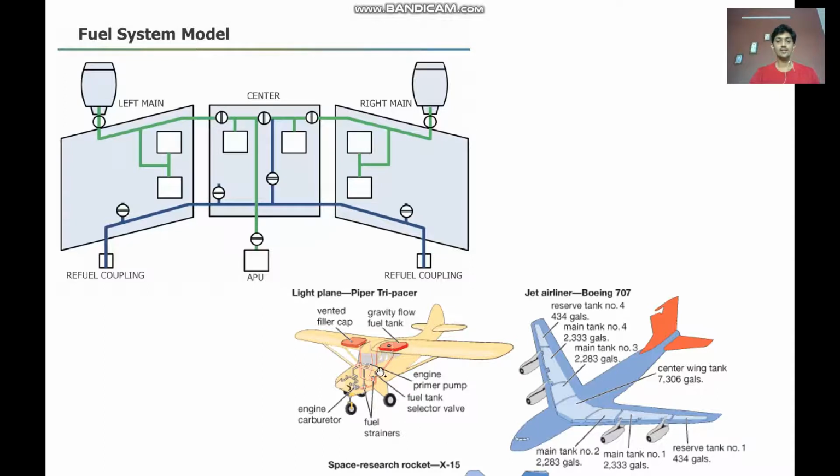In this particular aircraft, the fuel is supplied based on gravity, which means if the aircraft is flying inverted, then the fuel will not be supplied continuously to the engine. So this aircraft cannot fly for a longer time keeping the aircraft inverted because the fuel supply is gravitation based.